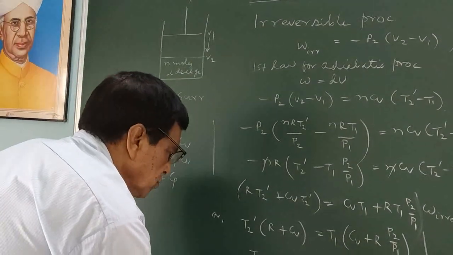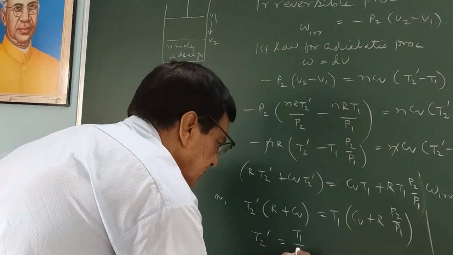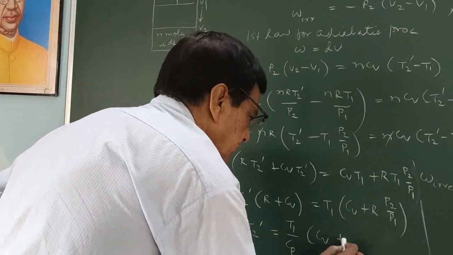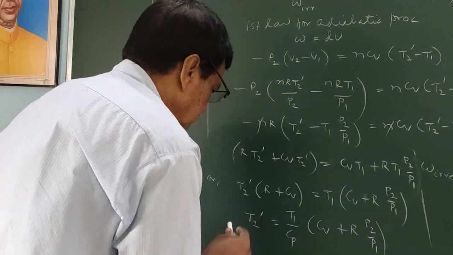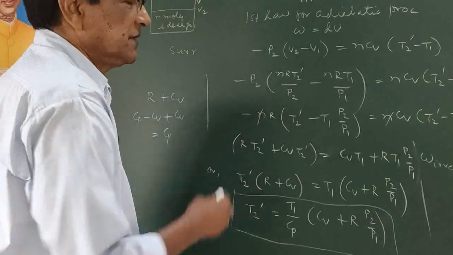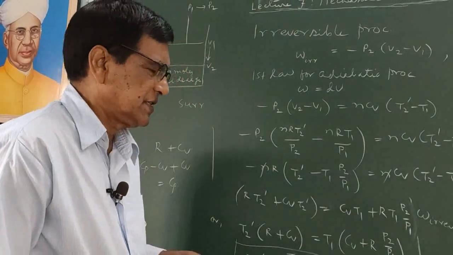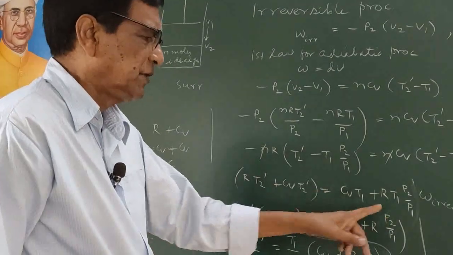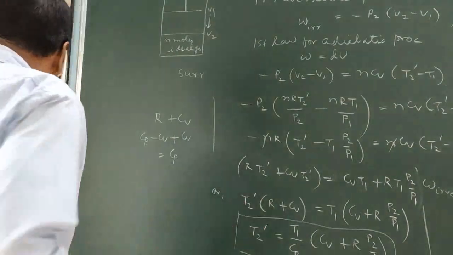So T2' equals T1 by Cp, and here Cv plus R and P2 by P1. So this is the expression for how T2, the final temperature for an irreversible adiabatic process, could be calculated from the initial temperature T1 and pressure P1 and final pressure P2. Here also the temperature is expressed in terms of intensive properties.